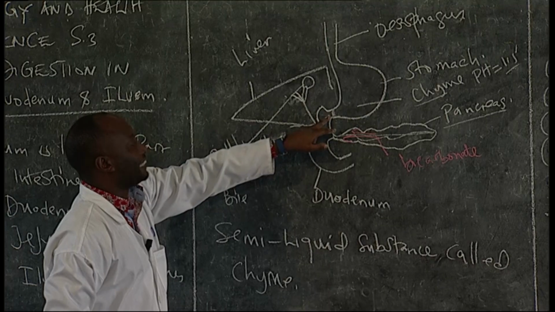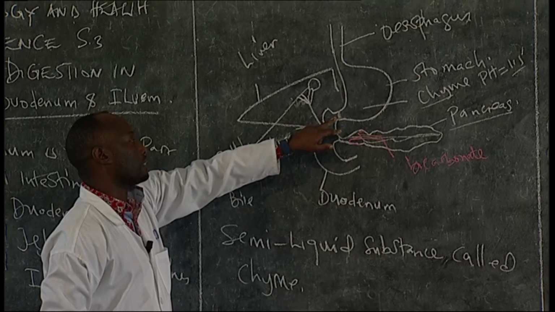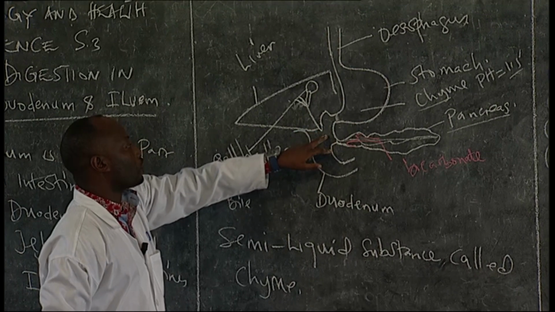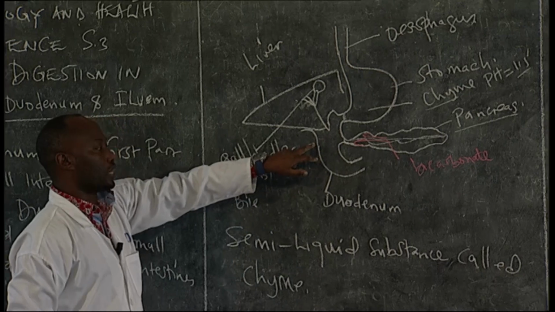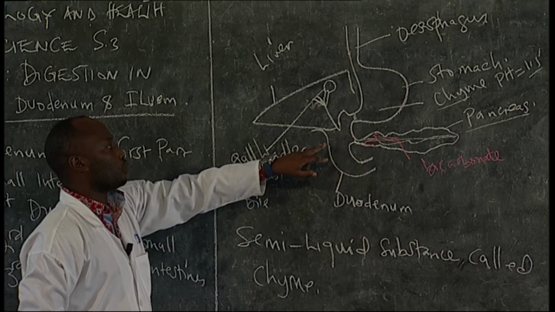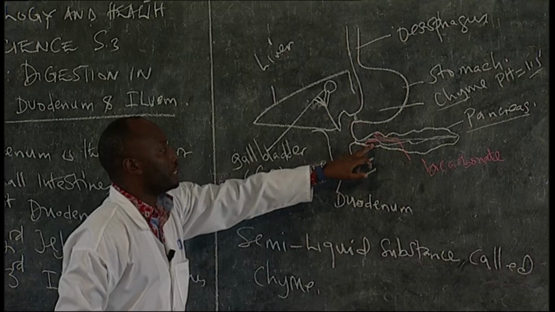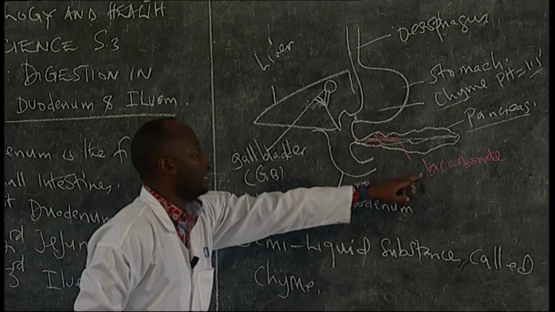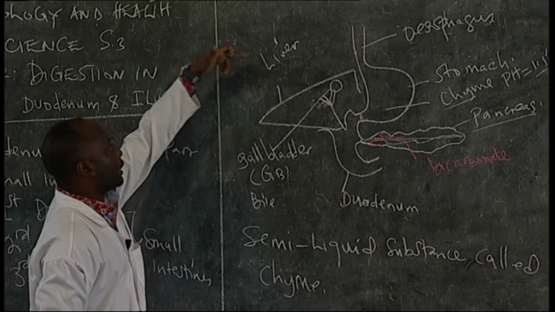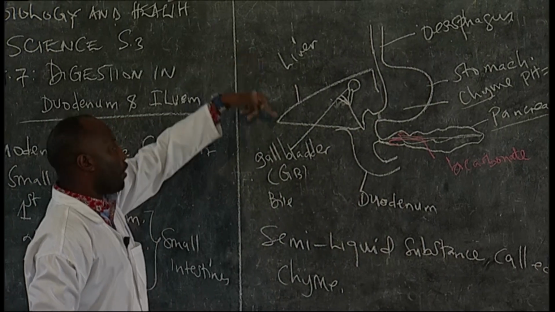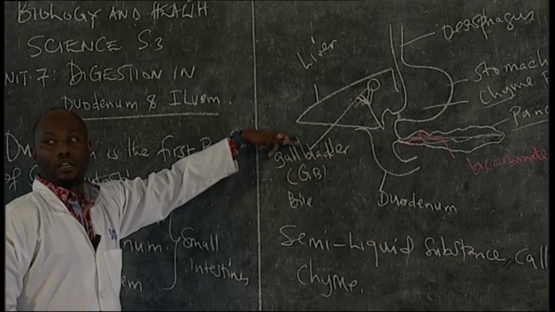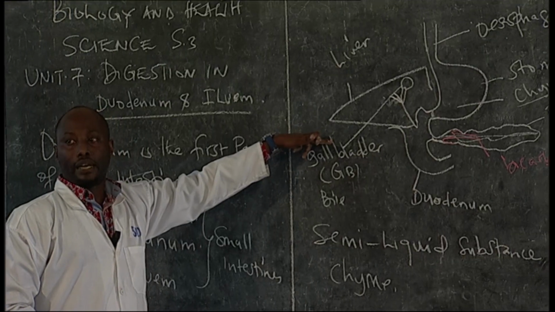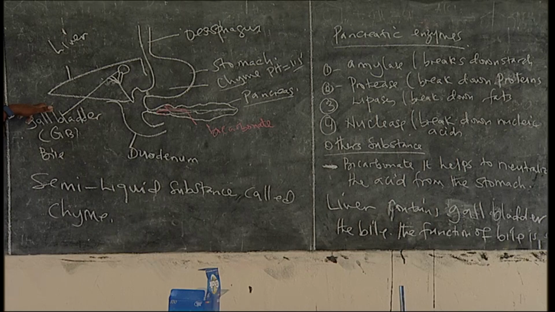Once the duodenum detects the food, it is stimulated by hormones, such as secretin, which stimulates the pancreas to release pancreatic enzymes and bicarbonate, and also stimulates the liver to inform the gallbladder to release the bile. And I said bile is very important in emulsification of fats.